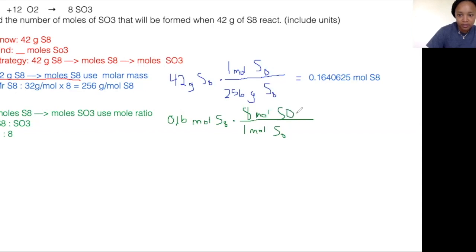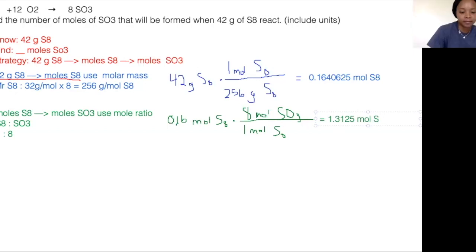Times 8. You get 1.3125. Let me just do it again. 1.3125, and what is this? Moles of SO3.